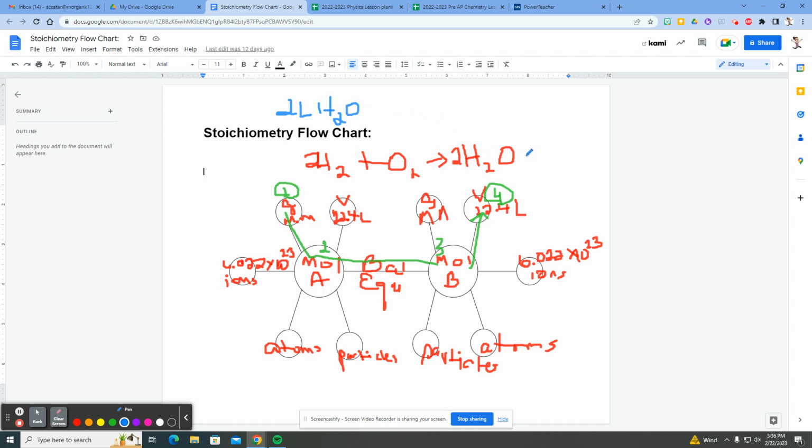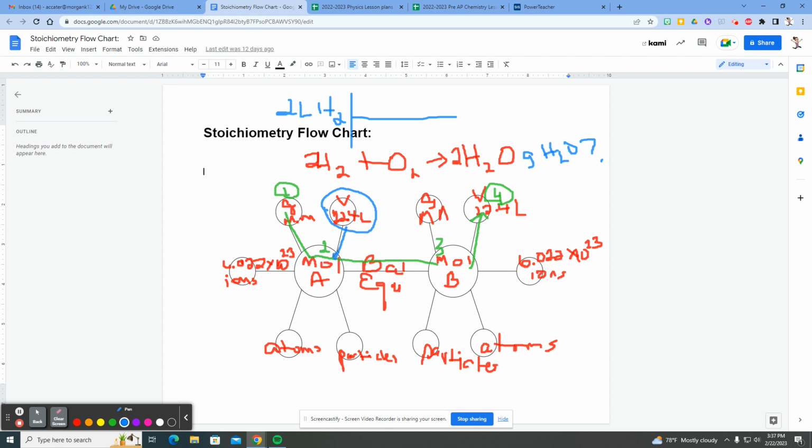So I need to know the grams of water. And that's what I'm looking for. And this is what I've been given. Again, I've identified what I was given: I was given a volume of hydrogen and asked to find grams of H2O. So volume of hydrogen is where I'll start.